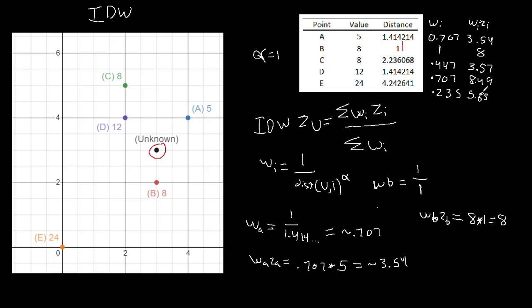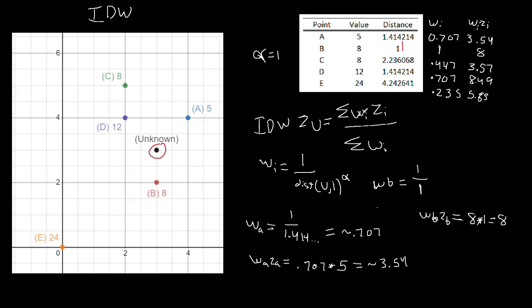Look how much more drastic that reduction is. When the distance was 1, it didn't really change that much. When the distance was 4 1/4, this got reduced by a significant margin. That's the point of this inverse distance weighting, is that the farther the point is away, the less contribution this high value is going to have to the overall value.